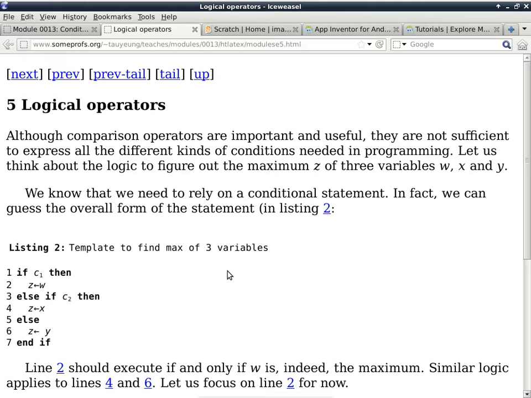So now we're moving on to logical operators. A logical operator is not a comparison operator. A comparison operator says, on the left-hand side we have a value, on the right-hand side we have another value. We want to see whether it is true or false that one is greater than, less than, equal to, not equal to, greater than or equal to, less than or equal to the other side.